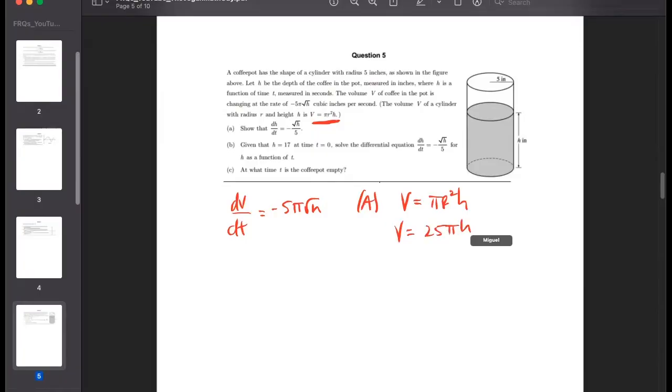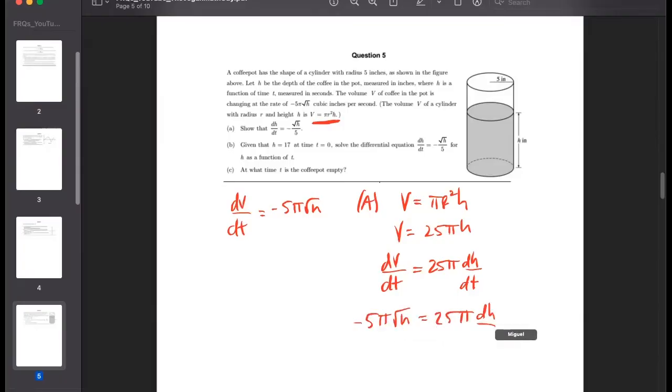And this is where I use related rates. I'm going to take the derivative, and this is going to become 25 pi dh/dt. dh/dt is what we're trying to find. I already know that dV/dt is equal to that negative 5 pi root h. So I plug that in.